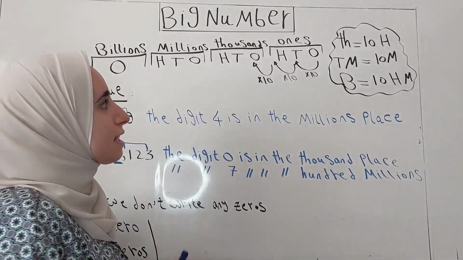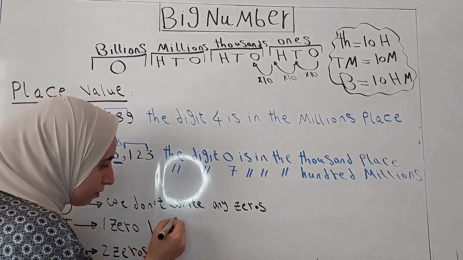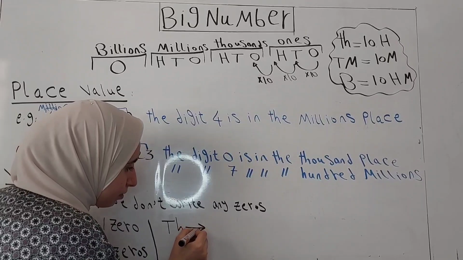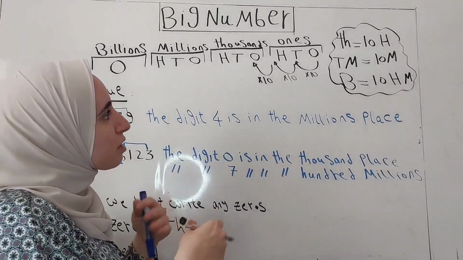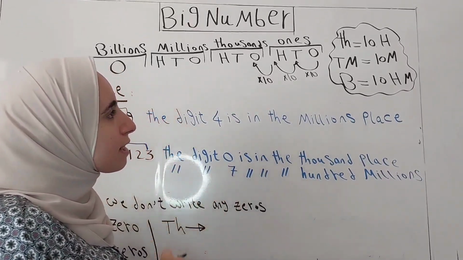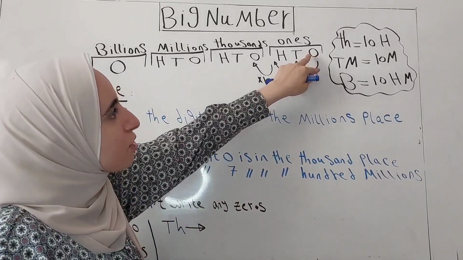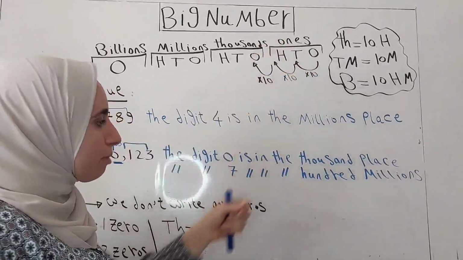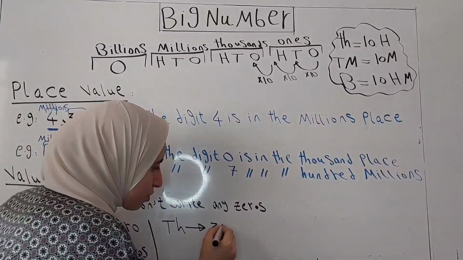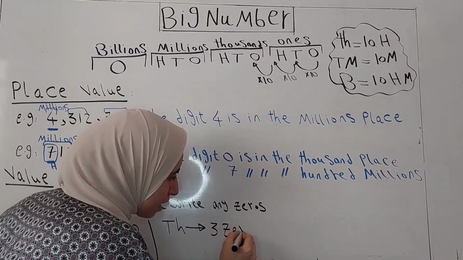If the digit is in the thousand place, we replace the last place with how many zeros? With 3 zeros for the ones family. 3 zeros.